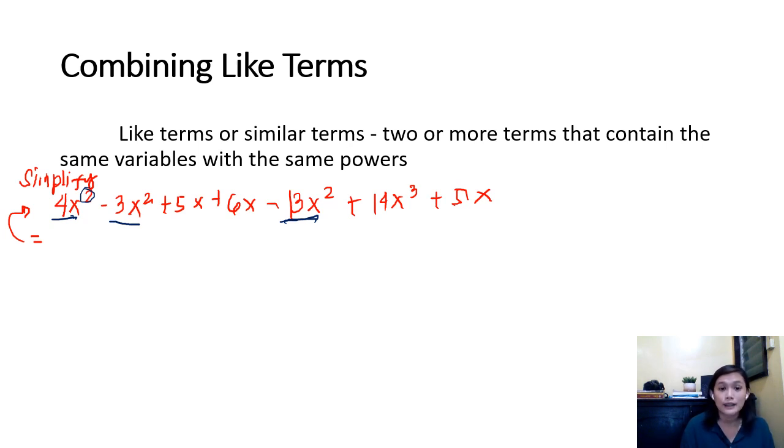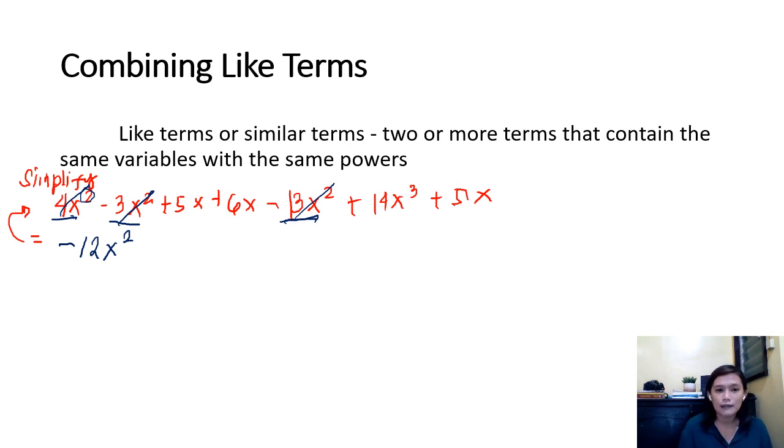Then minus 13x squared. So 1 minus 13 is equal to negative 12. So you will have negative 12x squared. Right? So we're done with this. Maybe you could cancel it out, it means that you're already done operating these terms here.